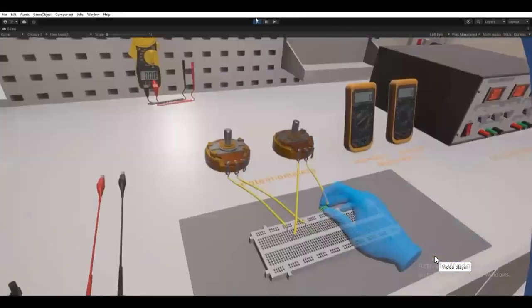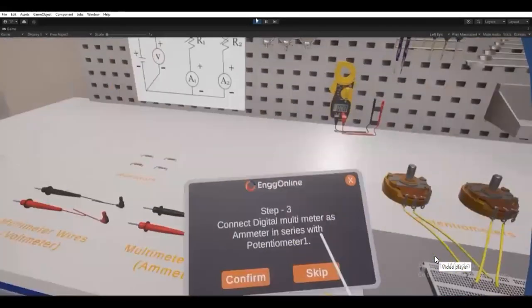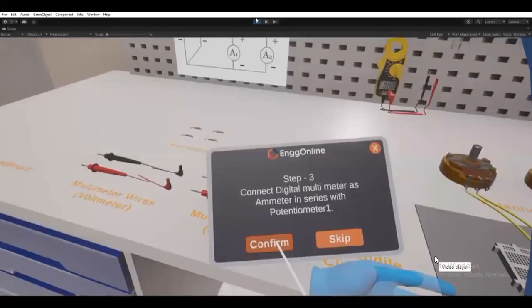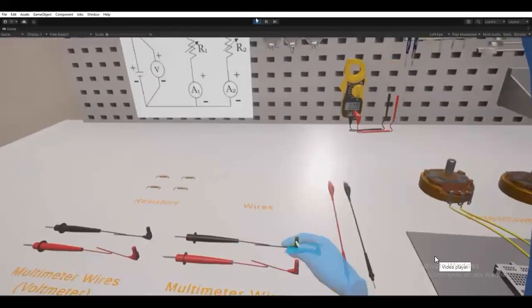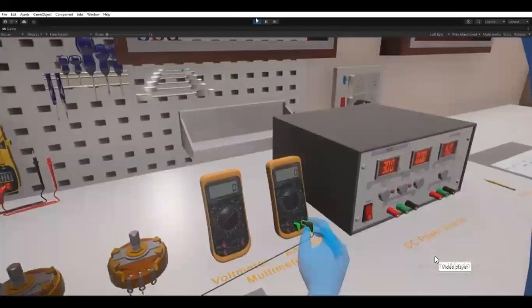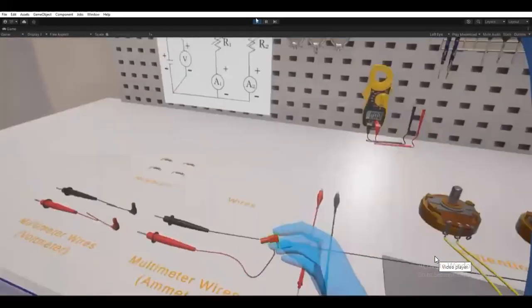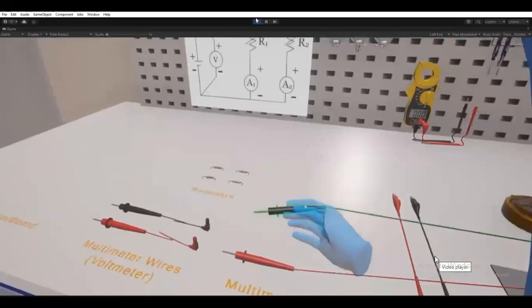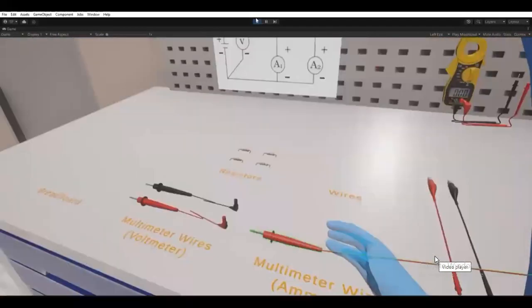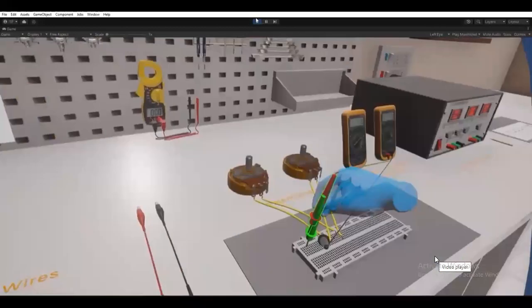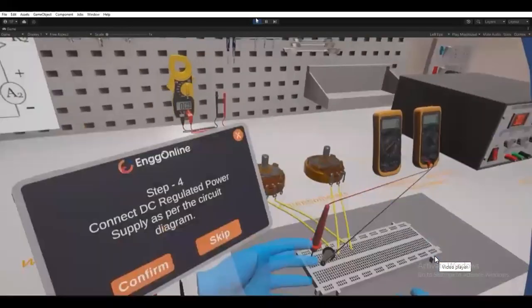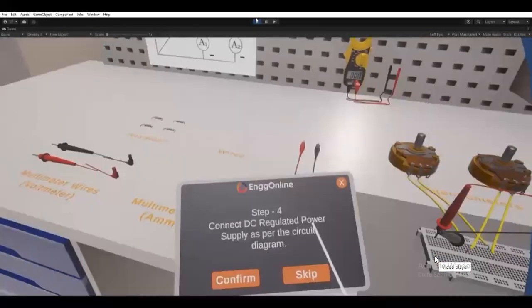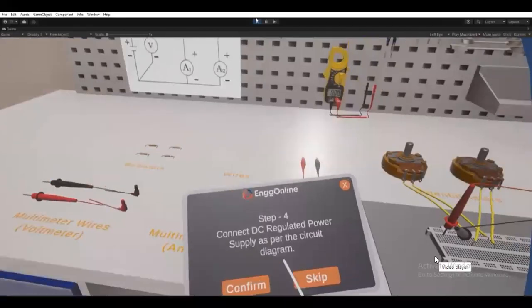Step 3. Connect digital multimeter as ammeter in series with potentiometer 1.